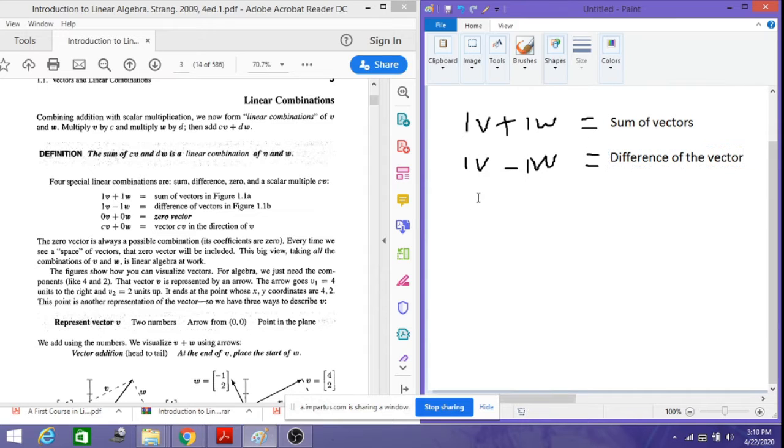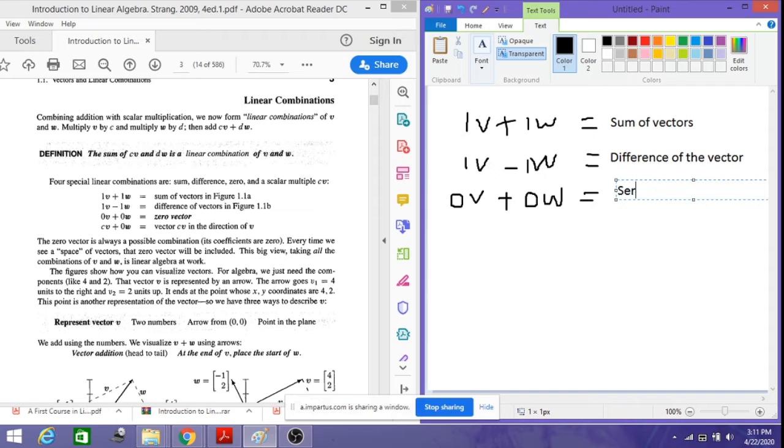Then the 0 vector is where any vector is multiplied with 0, such a vector we call a 0 vector. For example, we are adding the two vectors which are multiplied by the scalar value 0. Then this will result in the 0 vector.